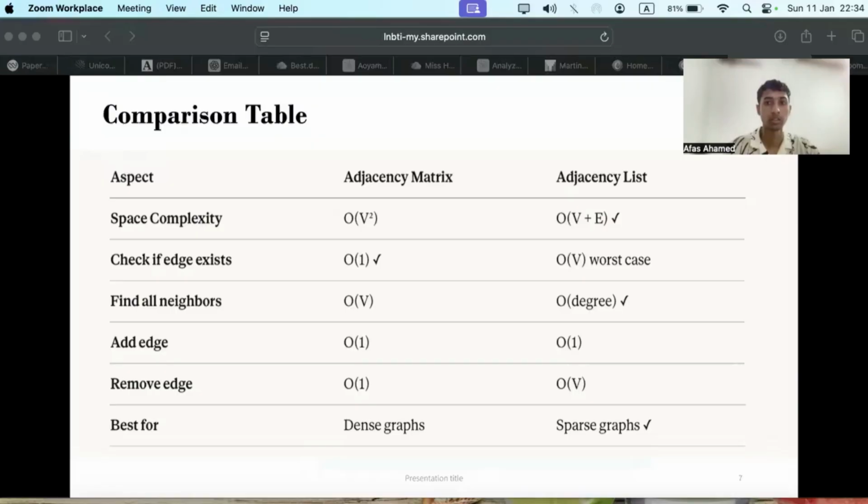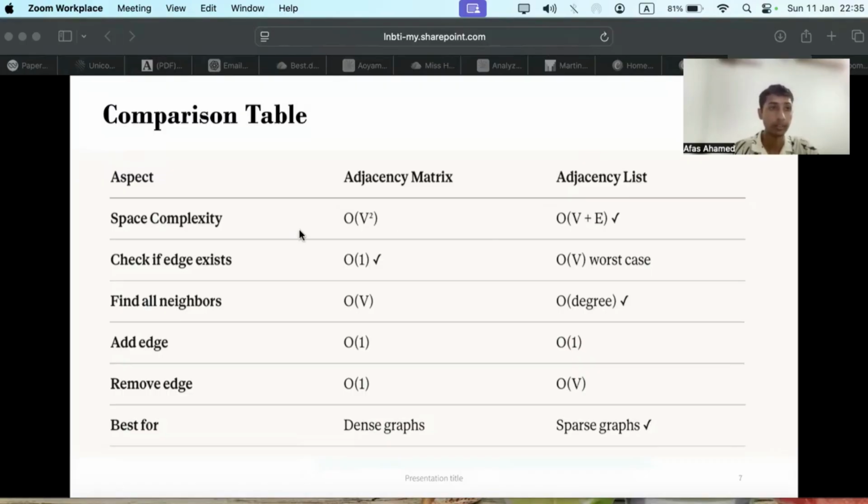Now, since I am facing technical difficulty with the projector, I will explain this slide this way. First thing first, this slide compares two common ways to represent a graph in memory: adjacency matrix and adjacency list. These two only we are going to compare. Number one, space complexity.